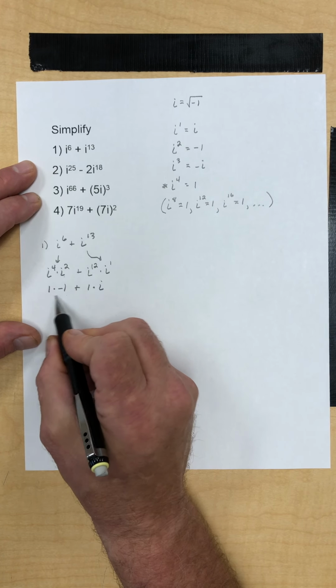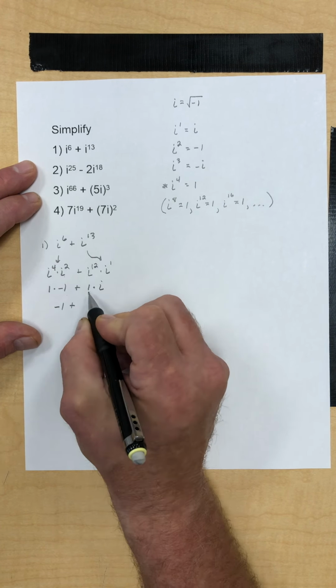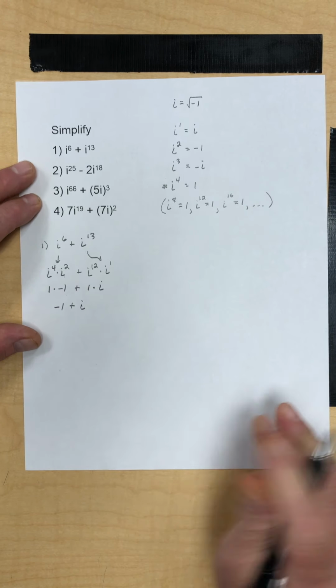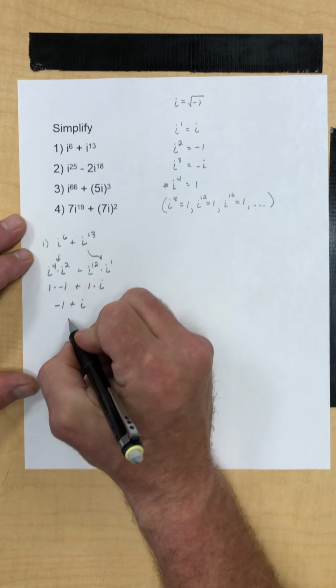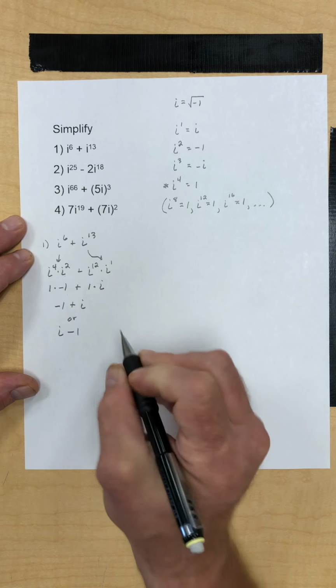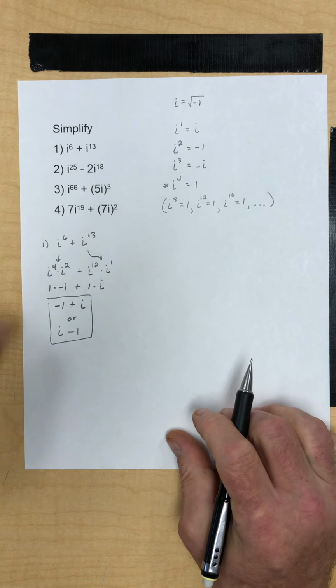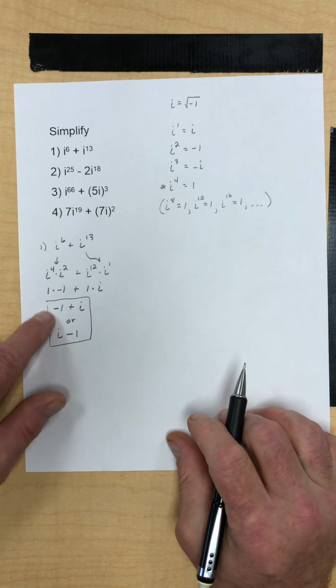Notice what I get: -1 from 1 times -1, plus 1 times i, which is just i. You could leave it like that, or switch it around and write it as i minus 1. Doesn't make any difference. So that first one simplifies to i minus 1, or -1 plus i.